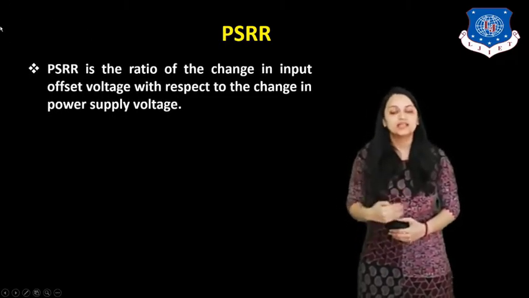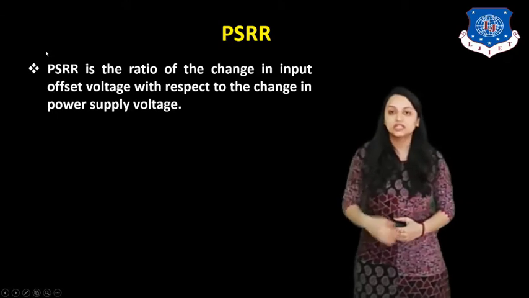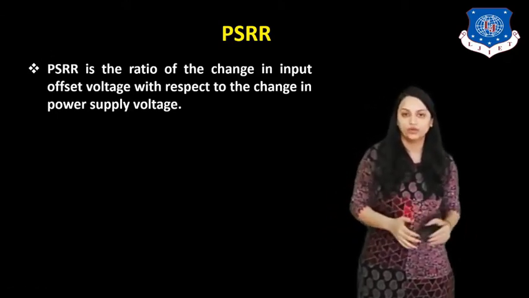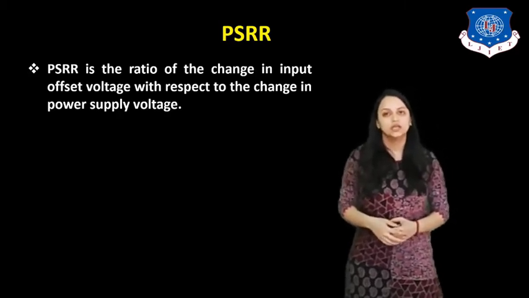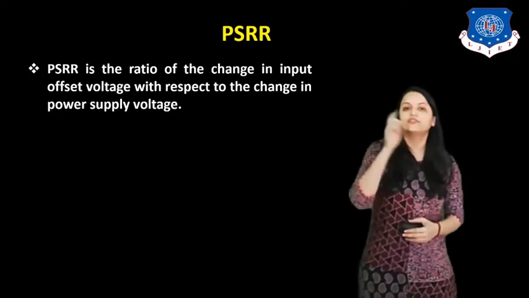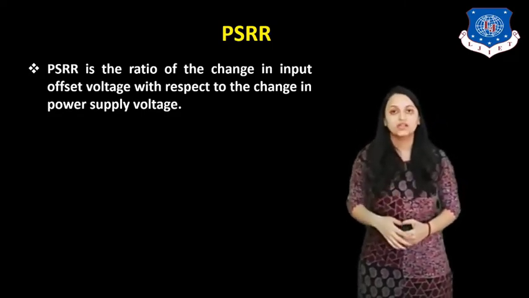Now, next parameter is PSRR. PSRR stands for power supply rejection ratio. What is that? PSRR is the ratio of the change in the input offset voltage with respect to the change in the power supply voltage. That means, whenever you are giving any input, if fluctuation in the supply affects the output, that is not desirable.